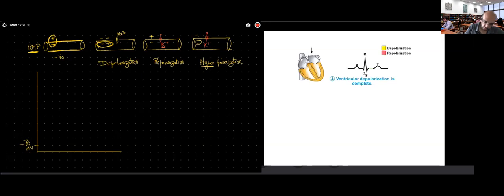So I become more positive, means the graph is going up or down? What do you think? This is my 0 here. Will I be going up or down? From this point, my resting membrane potential, I'm going up. This is my first phase, depolarization.